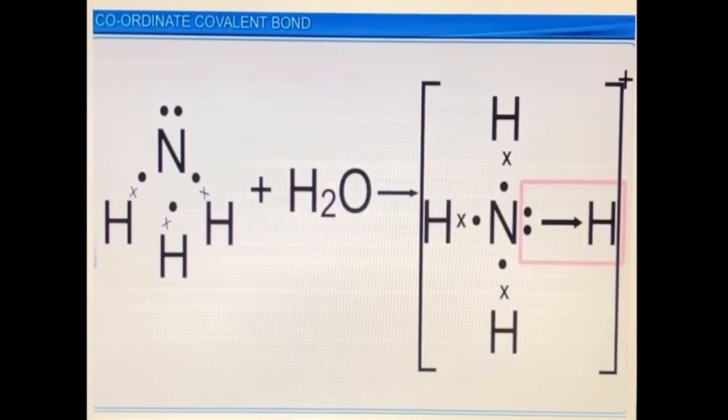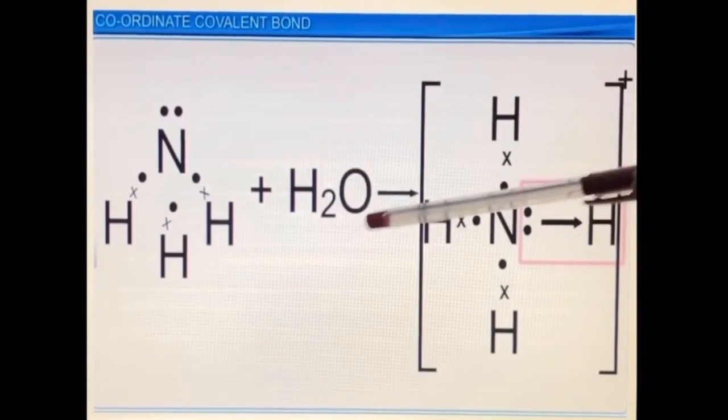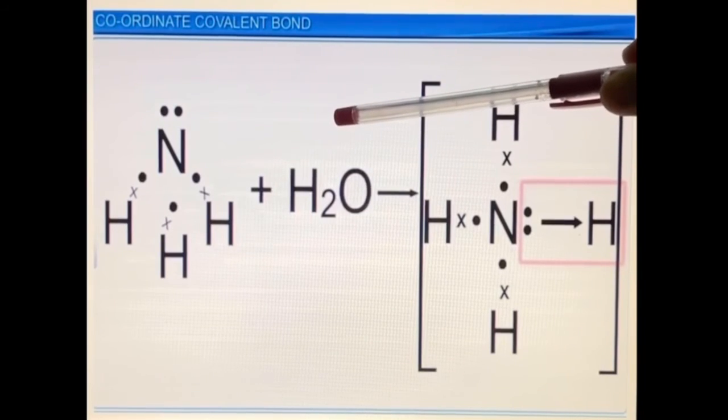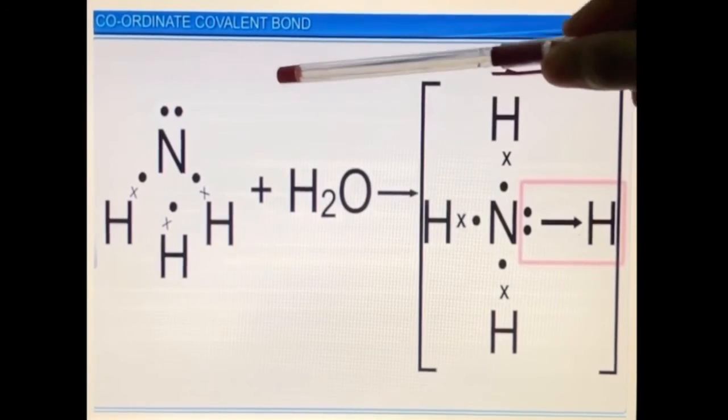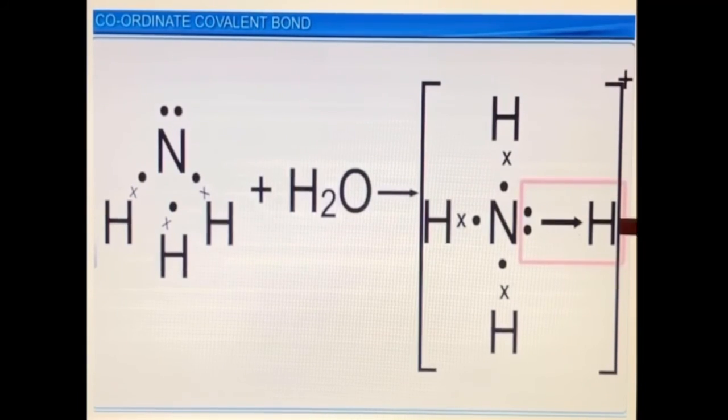Another example is the ammonium ion. Nitrogen has one lone pair, and water dissociates into H plus and OH minus. H plus has the deficiency of electrons, so a coordinate bond forms between nitrogen and H plus. That is also unequal sharing, and it is denoted by an arrow from donor to acceptor. It is also a coordinate compound.